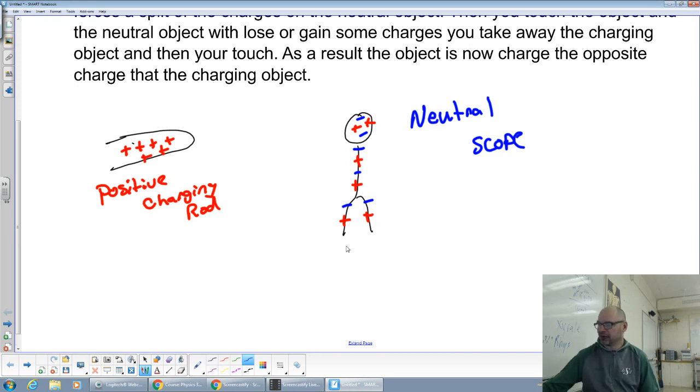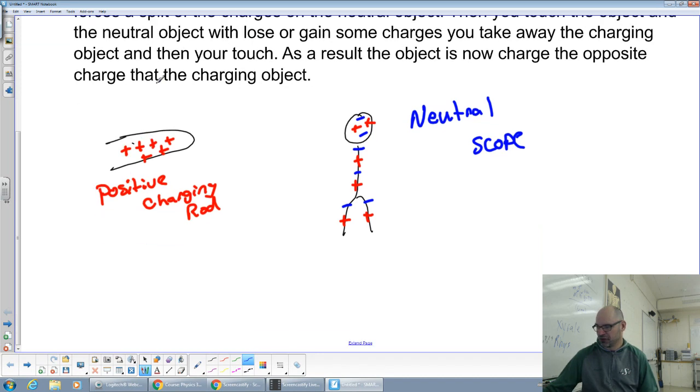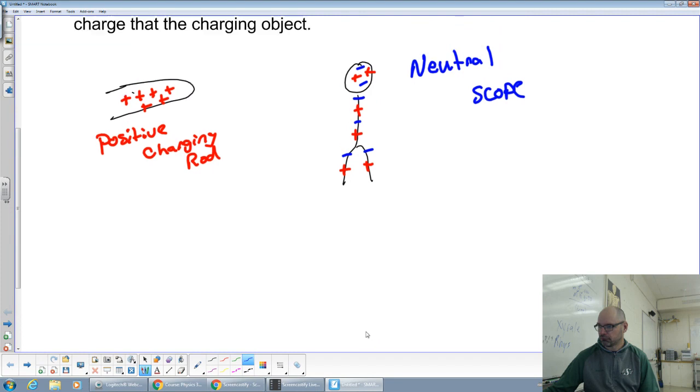Okay, so what we do first, if we look up here, you bring the charged object close to the neutral object and it forces a split of charges. So the neutral object, in this case, if we bring it here, it's going to split the charges.